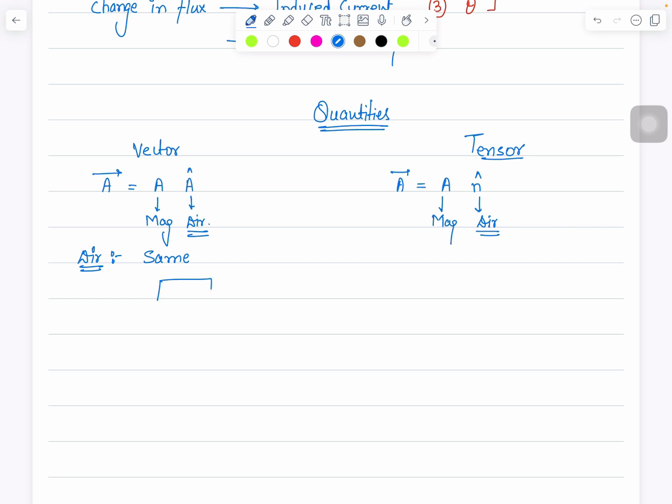Direction is the same. What does it mean? Let's say there is a body, and if you apply a force, this is the force vector. So can I say this is the direction of force? So I can say F vector is equal to F magnitude, which you are applying here, and the direction is the same. Clear?